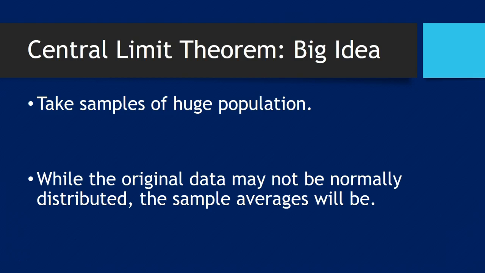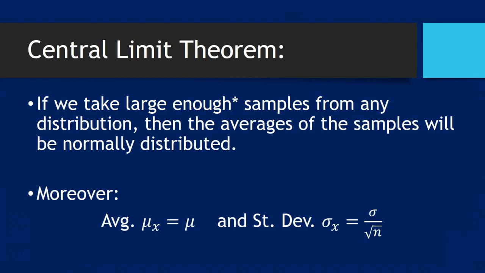But if I take samples of people and I treat those samples as what I'm looking at instead of treating the individual as what I'm looking at, the sample averages will be normally distributed. So while the original data may not be, the averages will be. All right. Now, that's based on a condition that we'll talk about in just a moment.